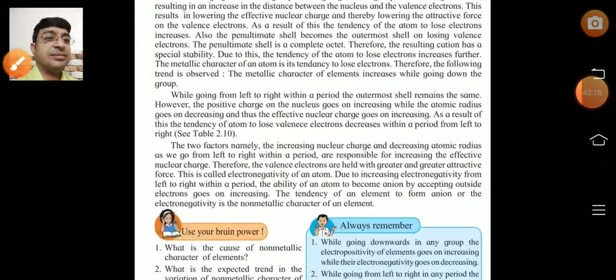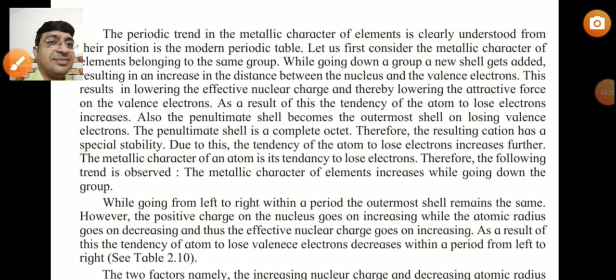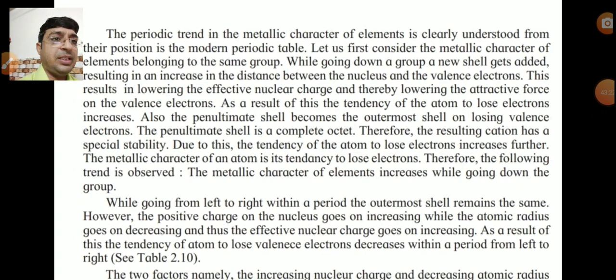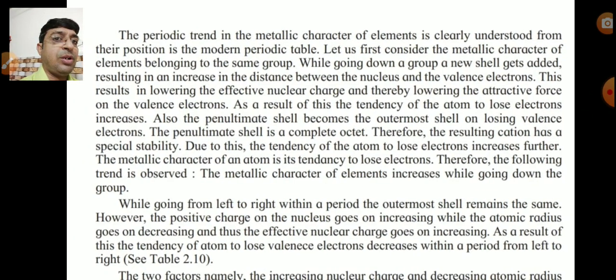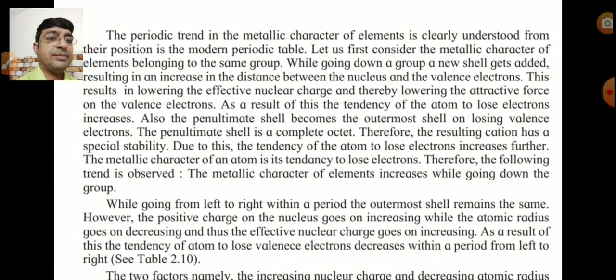The periodic trend in the metallic character of element is clearly understood from their position in the modern periodic table. Let us first consider the metallic character of element belonging to the same group.